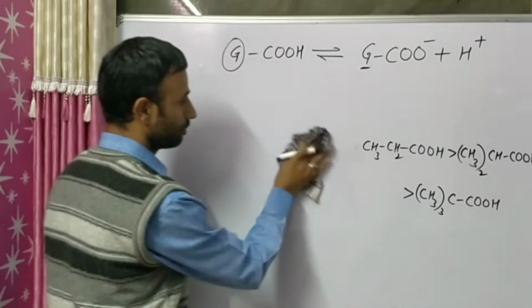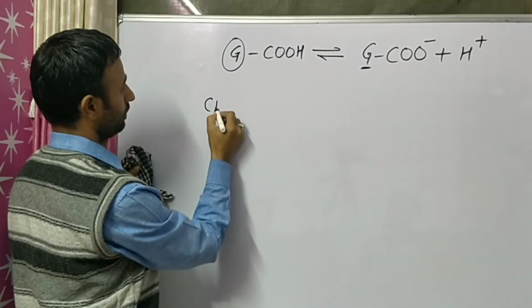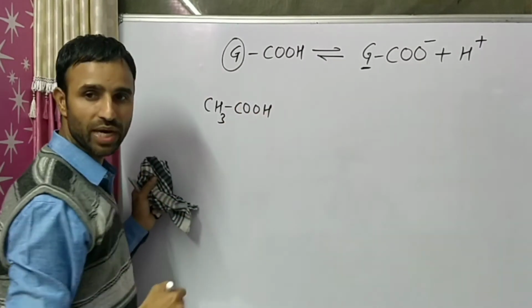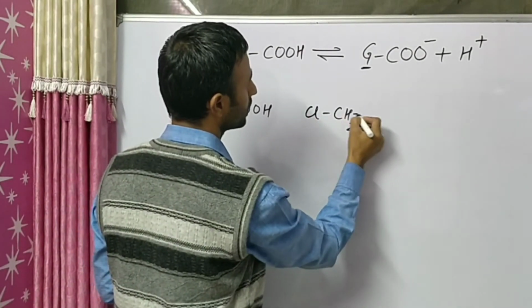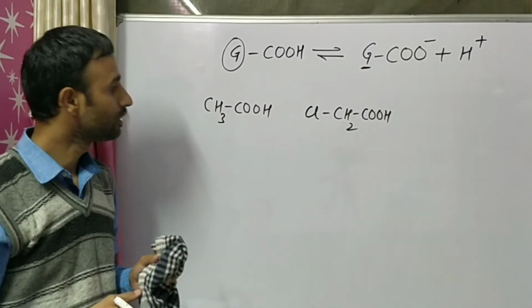Second example. So we have acetic acid and the other is chloroacetic acid. So tell me, which one is stronger acid?